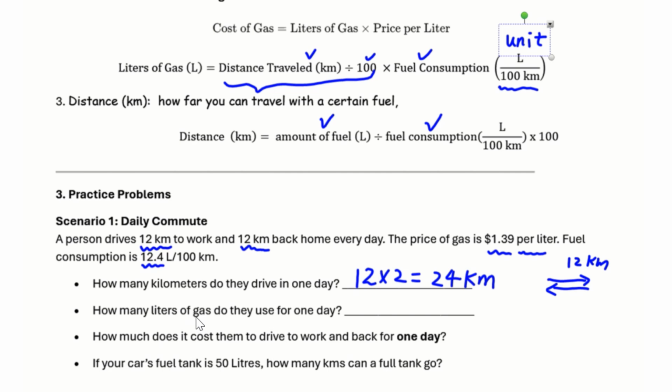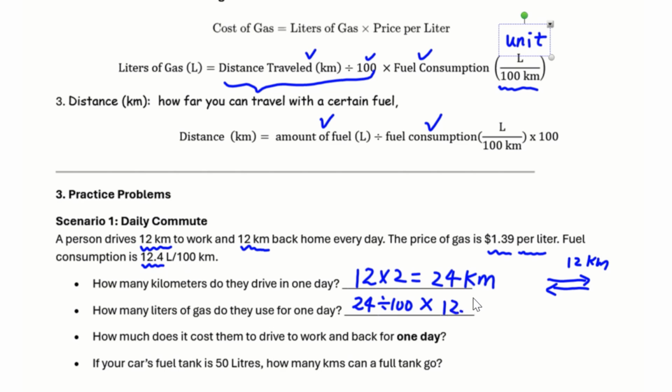And how many liters of gas do they use for one day? We are going to use 24 divided by 100 to count how many 100 kilometers there are. Then every 100 kilometers uses 12.4 liters. So this is the unit price, then unit price times kilometers traveled, that is the quantity.